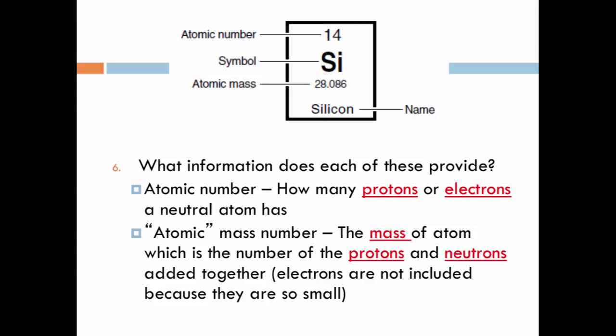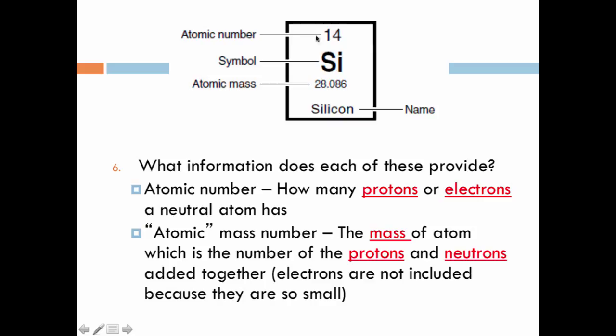And so when you look at this, you will always take the number and round it to the nearest whole number. So if silicon has a mass of 28, and it has 14 protons, then take 28 minus 14, and that figure helps you figure out how many neutrons there are.